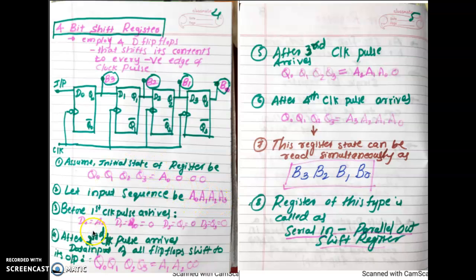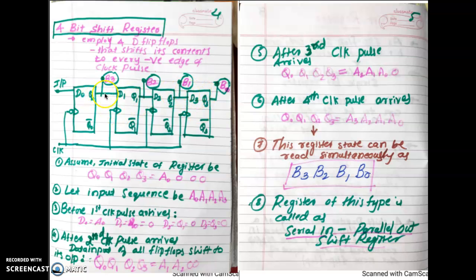In the beginning, D0 takes the input A0, while D1, connected to Q0, D2, connected to Q1, and D3, connected to Q2, are all 0. Only D0 is A0; D1, D2 and D3 are 0.